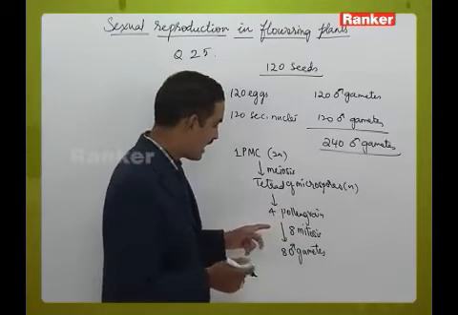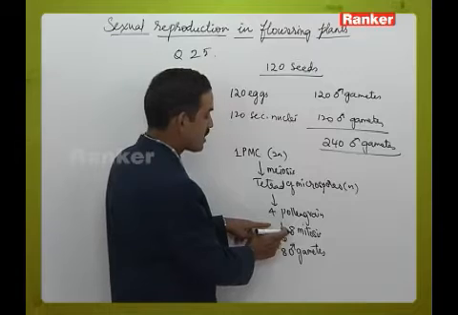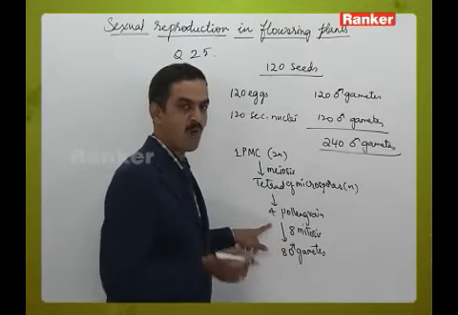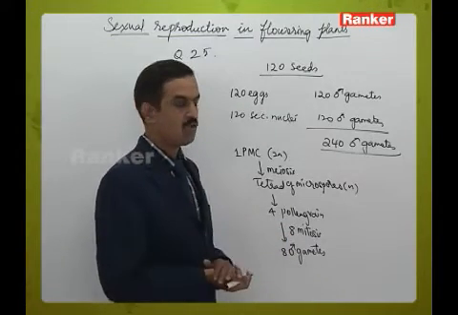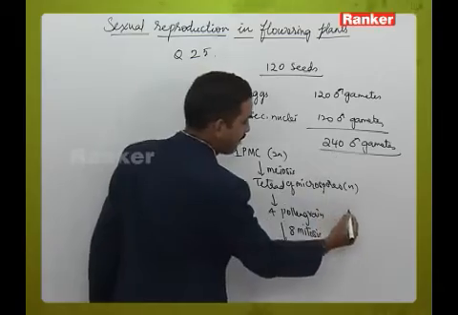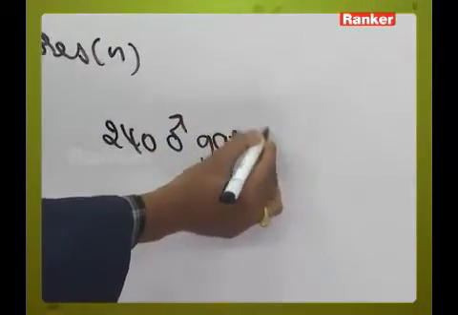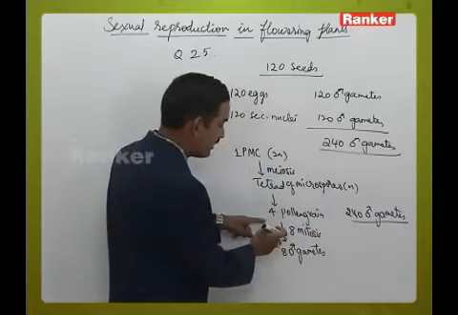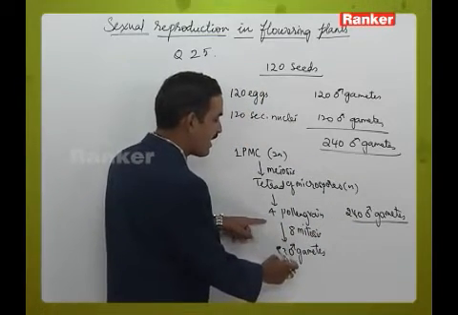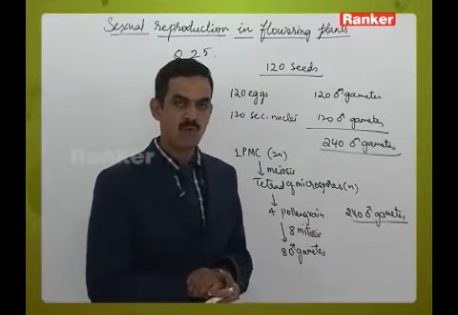So there is a small relation: the number of mitotic divisions and the number of male gametes formed will always be equal. Okay. So here the question is about the formation of 240 male gametes. As I said, the number of mitotic divisions and the male gametes are equal, or 1:1 in ratio.